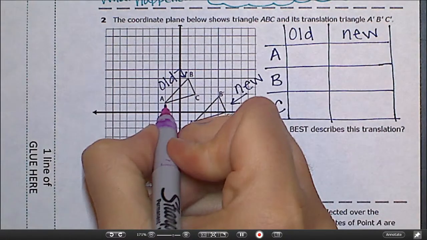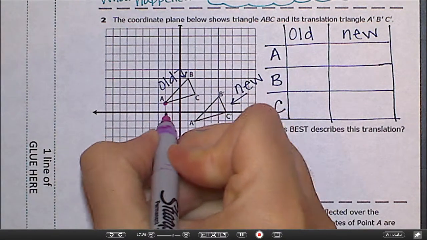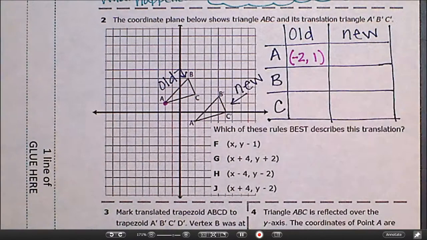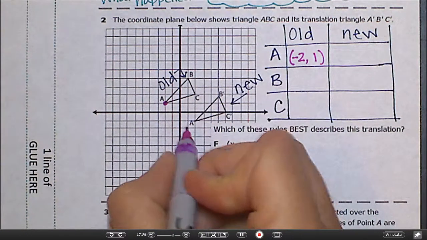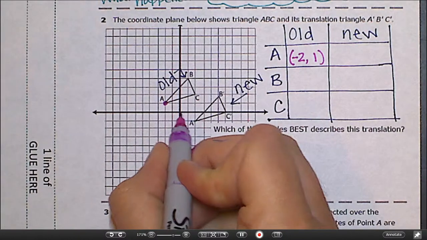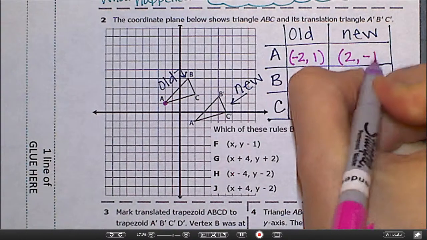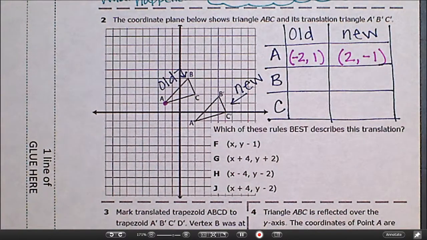On the old figure, A is -2, 1. On the new figure, it's 2, -1. So let's stop here just for a second before we look at B and C.